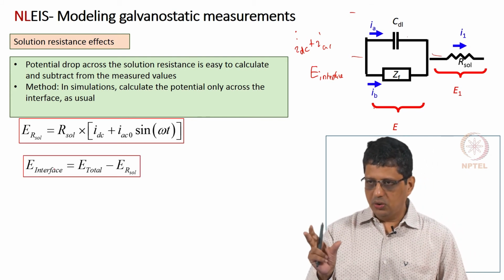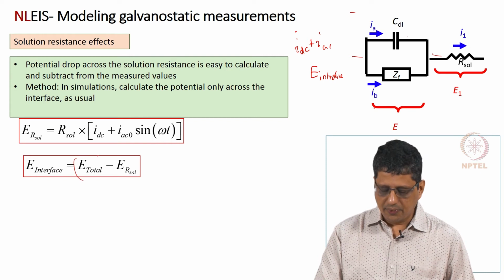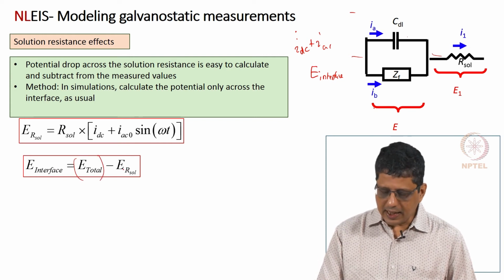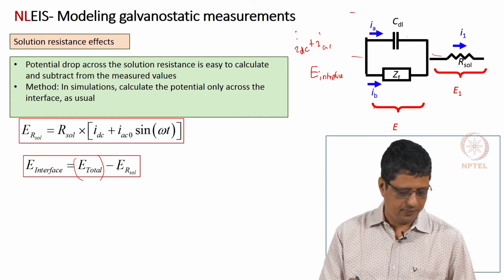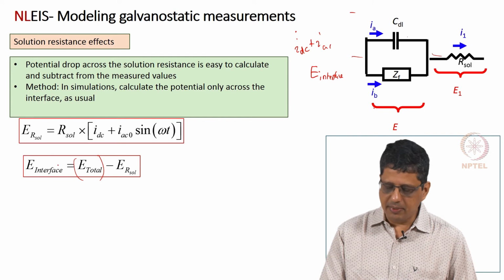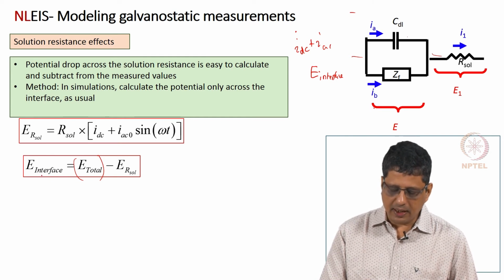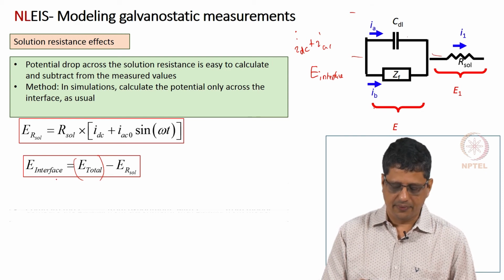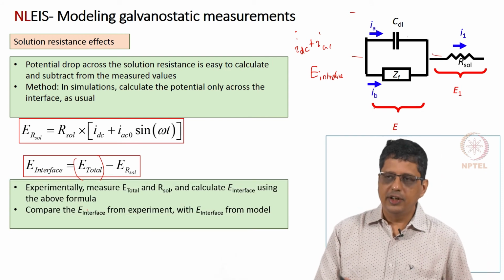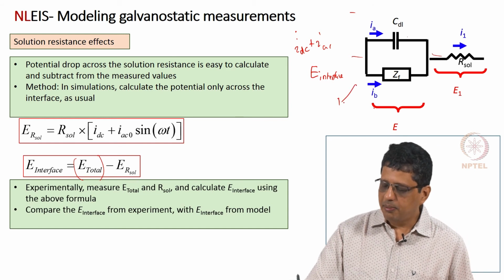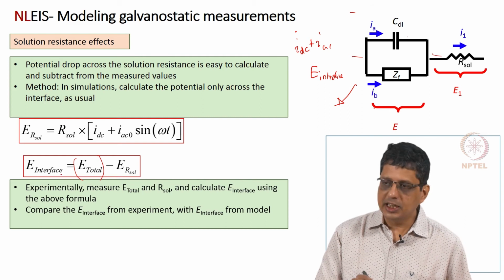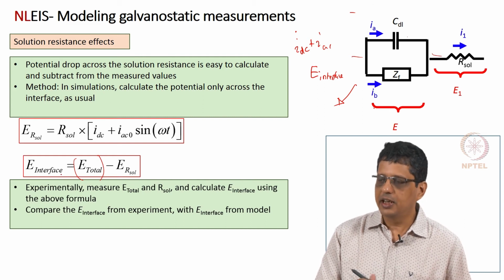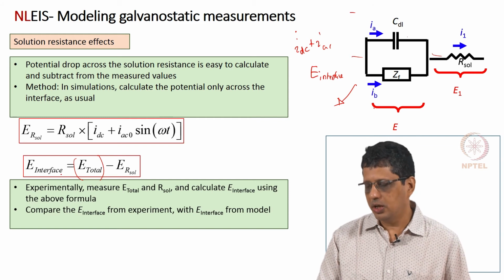Now, we know the total measured value, and we can calculate the potential drop across the solution. So, we can estimate the experimental value for the potential drop across the interface. All that we need to do is compare the model prediction for the E interface with the experimental value of E interface, and if they match, we can say that model is probably a good model to choose.